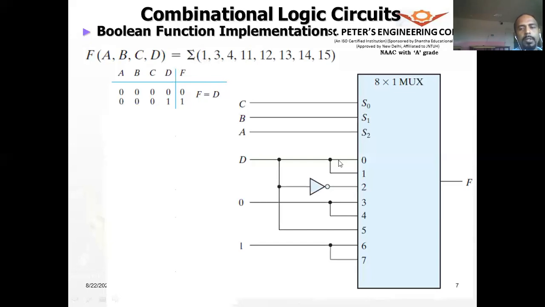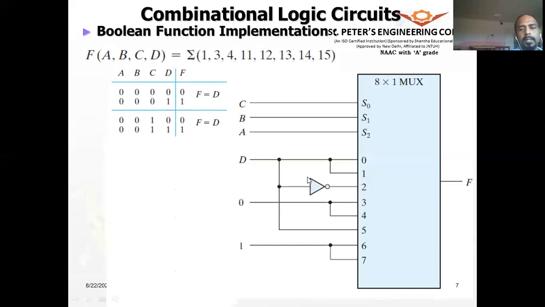So therefore I0 is given D. For the next combination, when A and B are 0 and C is 1, when D is 0, F is 0, and when D is 1, F is 1.